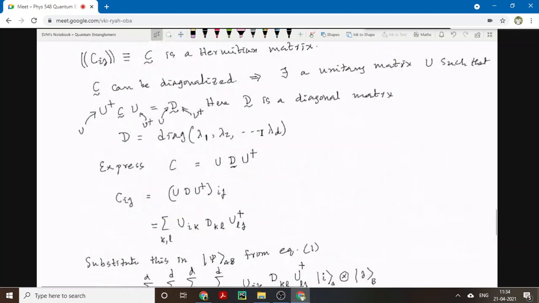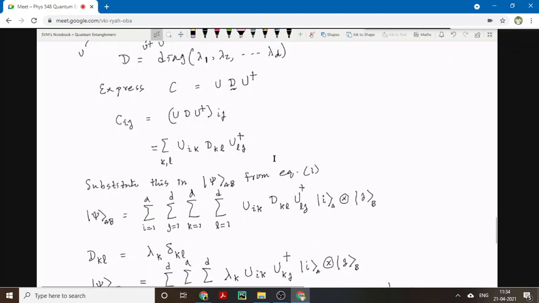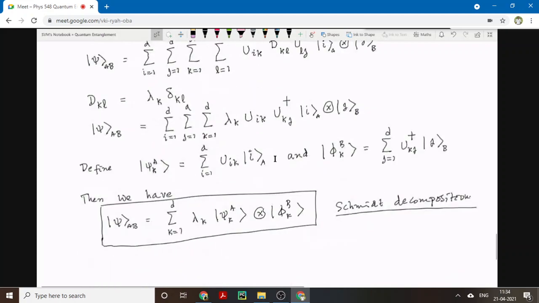Why are these lambda k real? Because C is a Hermitian matrix, and if you diagonalize a Hermitian matrix, these lambda 1, lambda 2, lambda 3 are eigenvalues of a Hermitian matrix, and we know from our childhood that the eigenvalues of Hermitian matrices are real, and therefore the Schmidt coefficients are real.